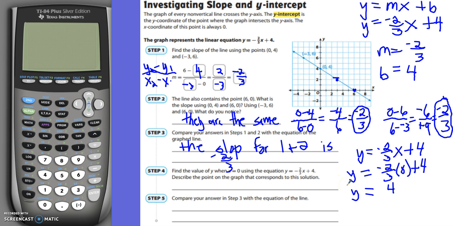Well, this is where y equals 4, or the ordered pair 0, 4, and this is where it crosses the y-axis.